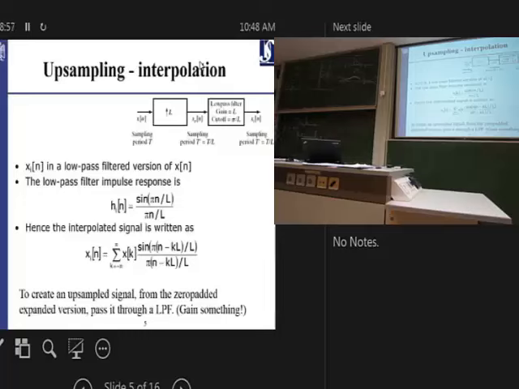And for downsampling, what you do is remove some of the samples and then crunch the samples together. So for the downsampling, if you have the same signal, with a ratio of, for example, 2, you keep the first one, then you skip this, and you put the other one close to this one.